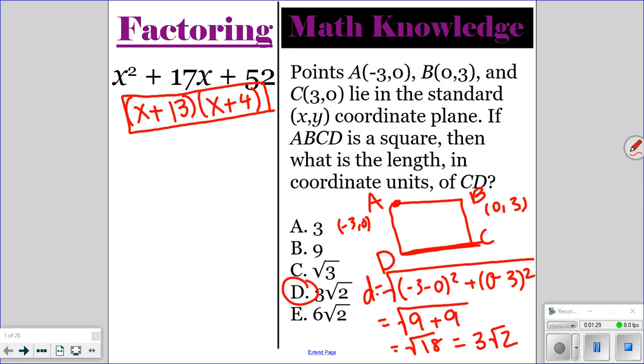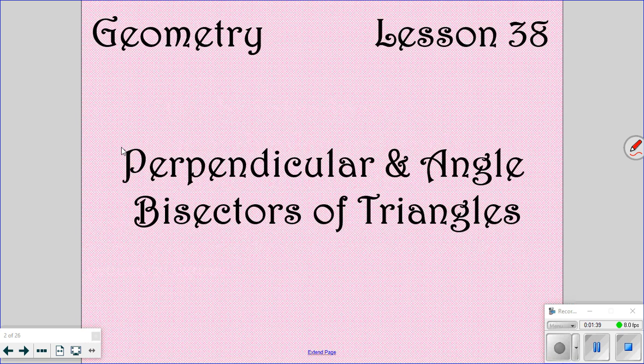Okay, so we are looking at lesson 38 today, perpendicular and angle bisectors of a triangle. So a few lessons ago, we looked at the point of concurrency of the medians and the altitudes.